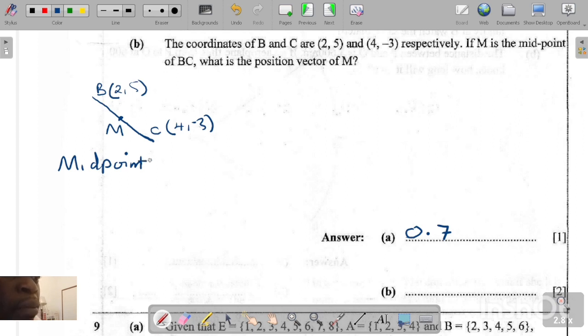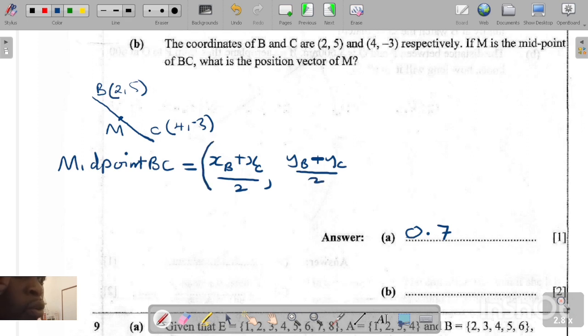Because the line is BC, I'm going to say the midpoint of BC is given by the formula x in B plus x in C divided by 2, y in B plus y in C divided by 2. And because these are coordinates, you put them in brackets. Many students usually forget to put this in brackets. If you write coordinates without brackets, it means your answer is wrong.